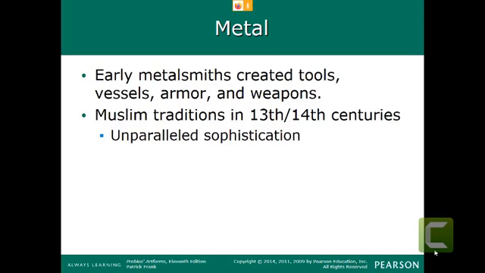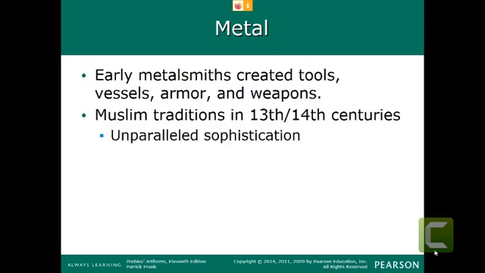So when these Christian nations started to open their doors and mingle a little bit more with the Islamic world, they were bringing in these different things. They were bringing in these metal objects, and they were teaching many of these Christian nations about how to get better at working with metal.